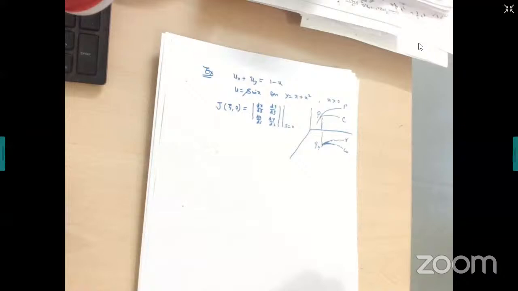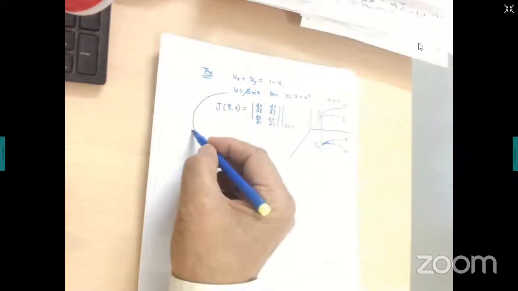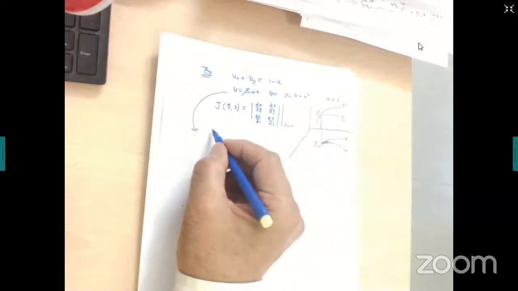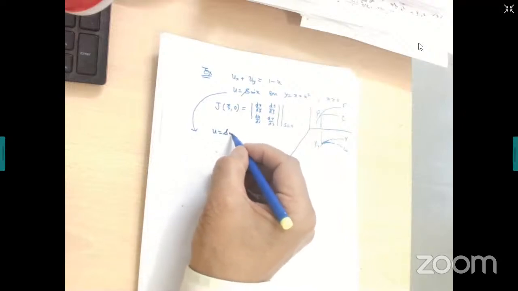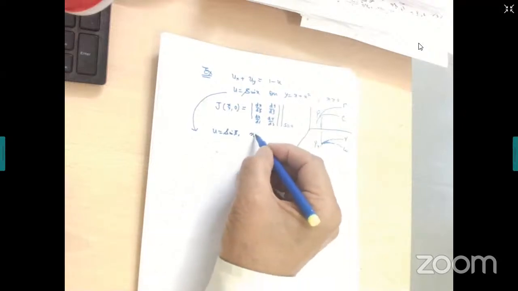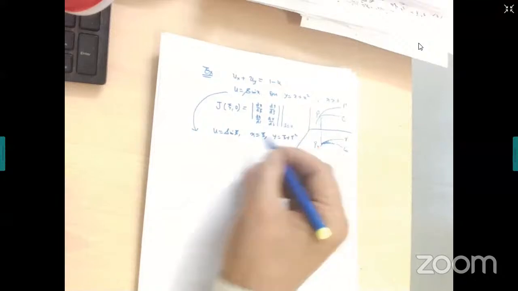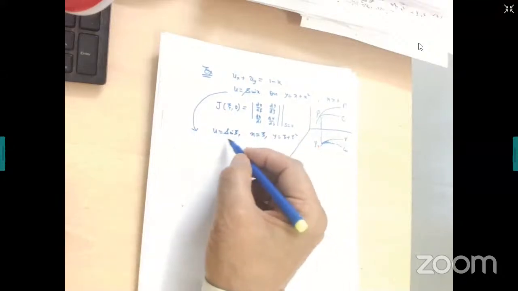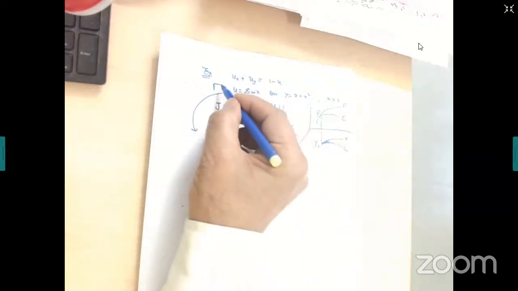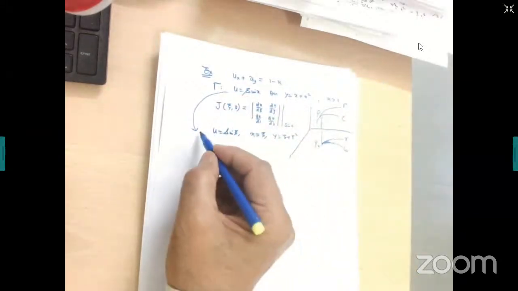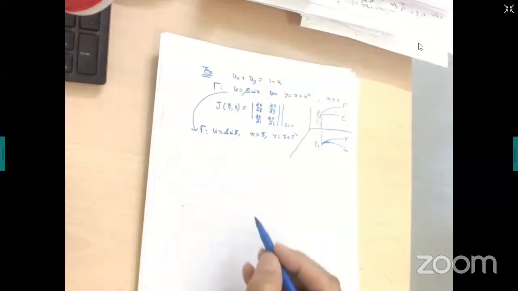Here I can write u is equal to sine xi, x is equal to xi, y is equal to xi plus xi square. This is the correct parameterization of this space curve gamma.